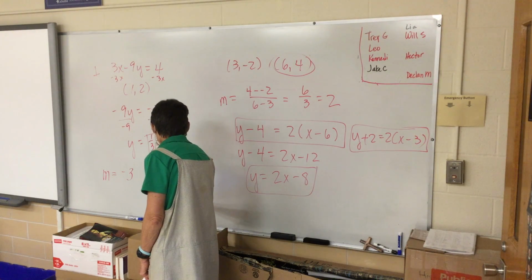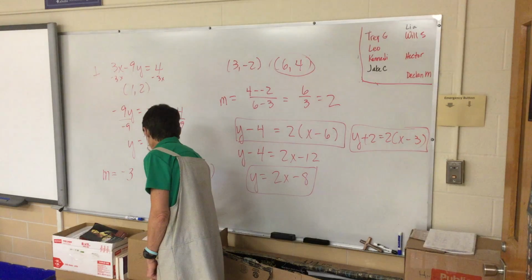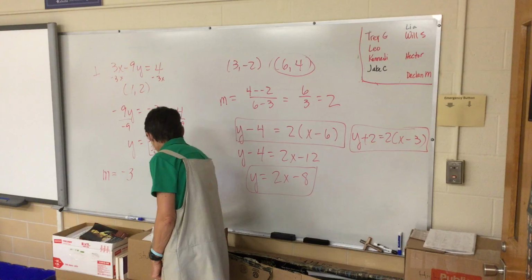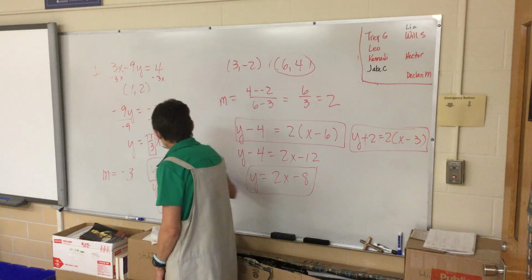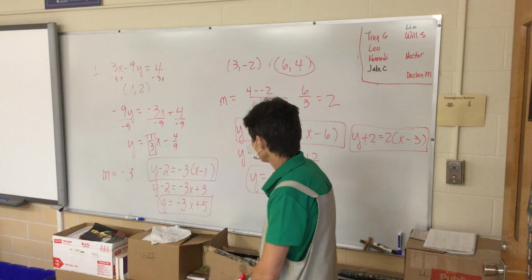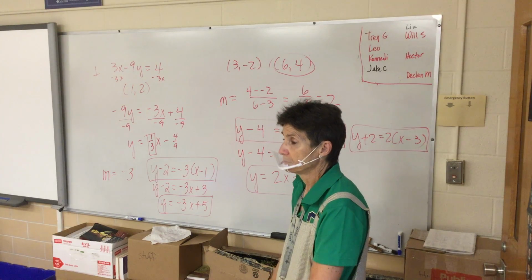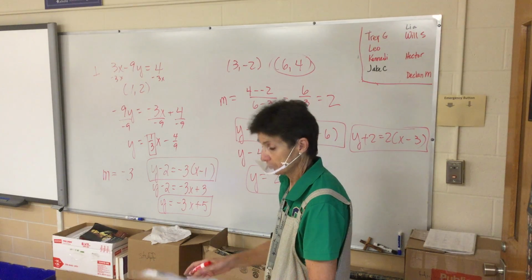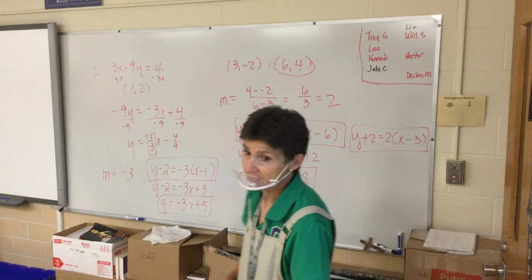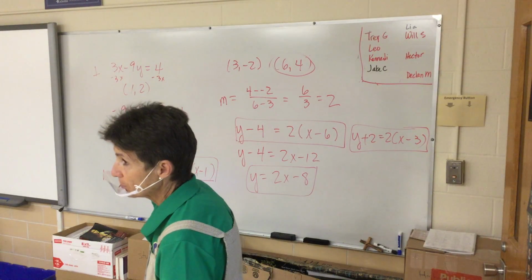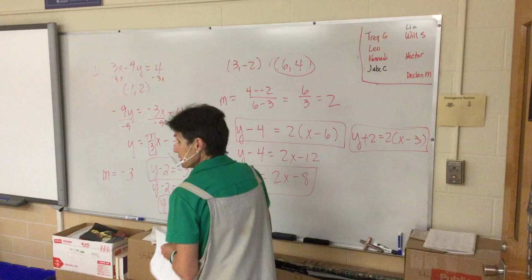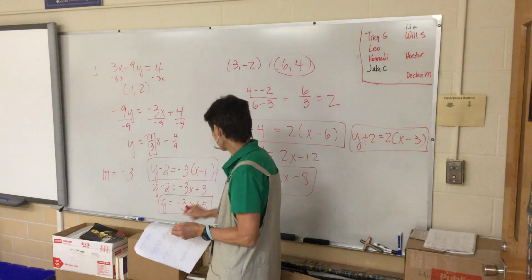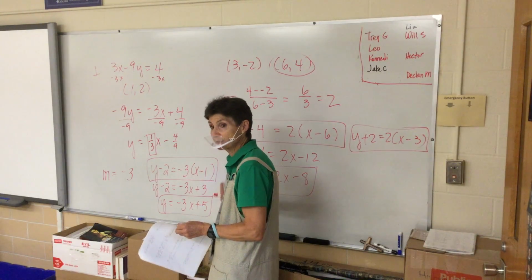Or if we need slope-intercept, I will carefully distribute and get y by itself, and that would be the slope-intercept. So if it says point slope, or if it doesn't say anything, it's fine to stop right here. But if it says slope-intercept, everybody can get here easily.